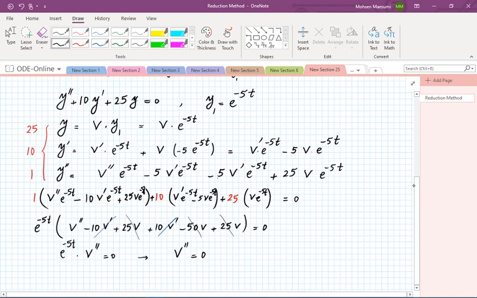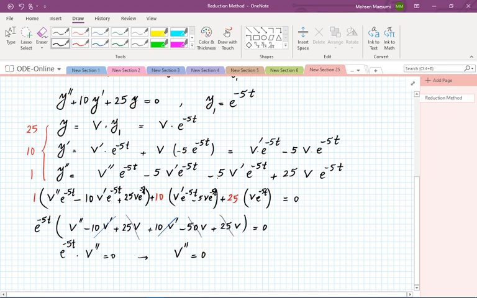I guess everybody agrees that when you look at this equation and this one, this is a lot simpler looking than that one. So what we have done so far is that I used this solution number 1, and I took my solution to be a multiple of this and found out that that multiple satisfies an equation that is a lot simpler looking than that.